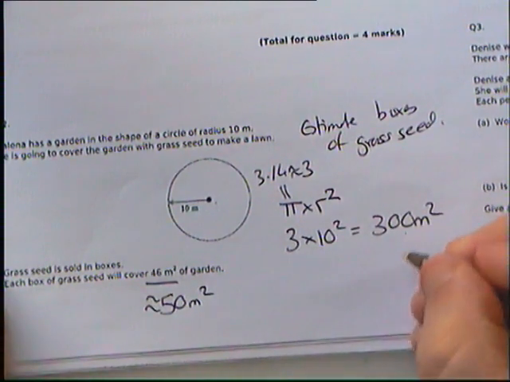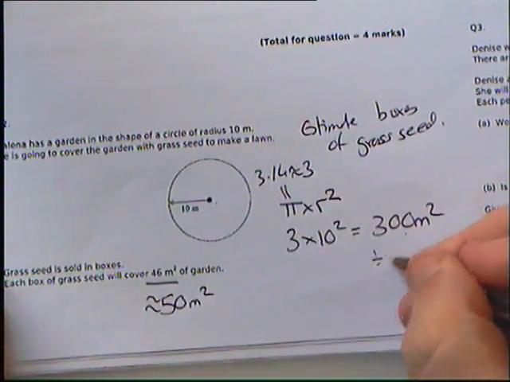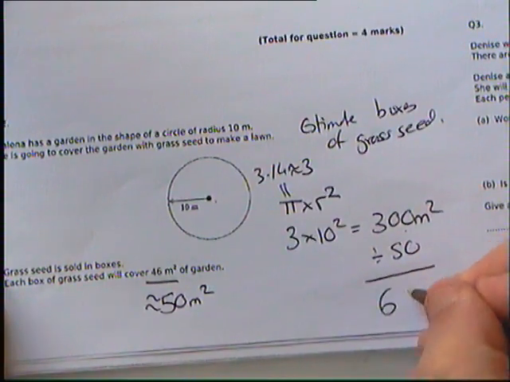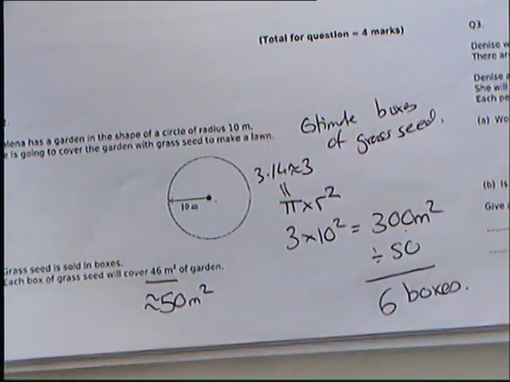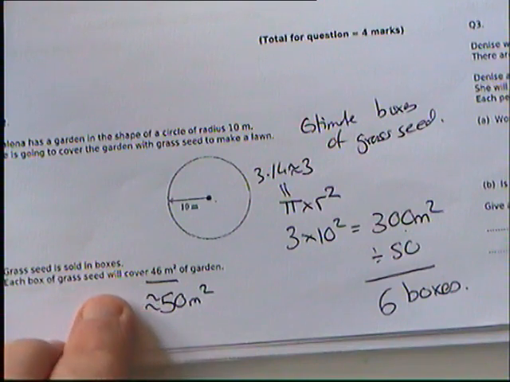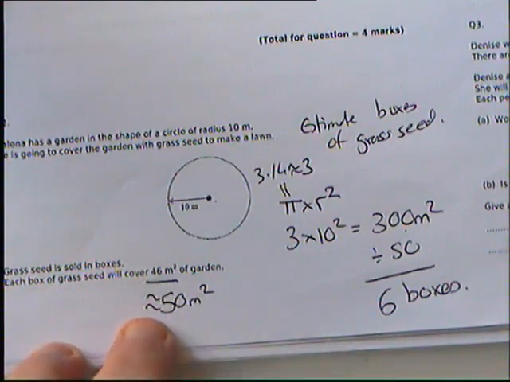So I'm going to divide that by 50, which gives me about 6 boxes to do. It then asks, is it an over or an underestimate with a reason for my answer? So what I've done is I've actually said that my seed can cover more grass than it actually can.